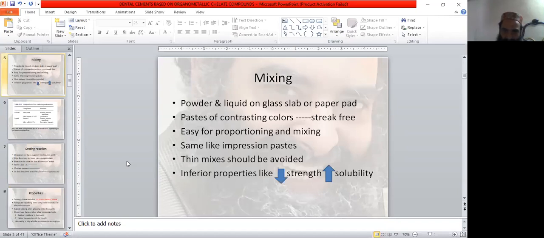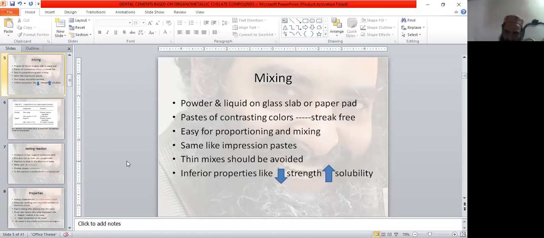Mixing powder and liquid on a glass slab or paper pad, as we have seen in impression material. A paper pad is there. Pastes are of contrasting colors. If pastes, then they are mixed like impression zinc oxide eugenol pastes, and a streak-free mix is required.